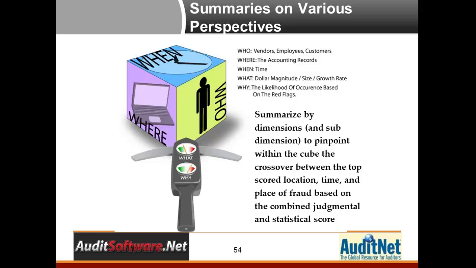But most importantly, as opposed to just looking at the total value by who, when, and where, that's one way of looking at it, I also want to look at the score that people got from a who, when, and where. So there may be time frames where there's a much higher score associated with people that are entering those transactions, or it could be departments that are driving those transactions.